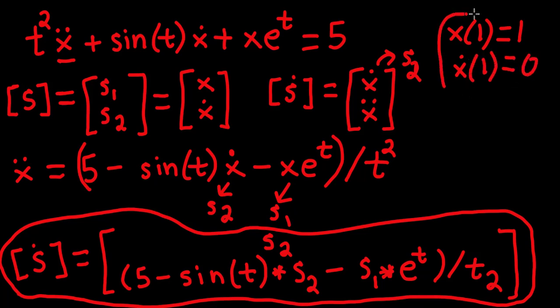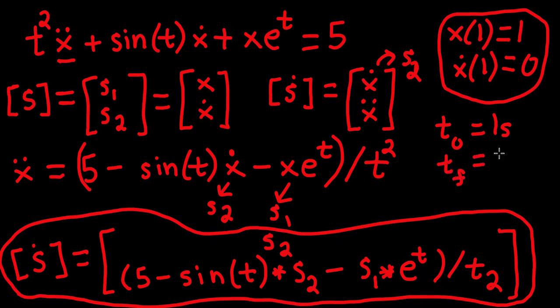Since these initial conditions correspond to 1 second, our initial time is obviously going to be 1 second. And let's just say we're interested in finding out what happens 30 seconds in to this function, right? So that would give us our t initial and t final here. So now we have all that we need to jump to MATLAB. So let's get into some programming.